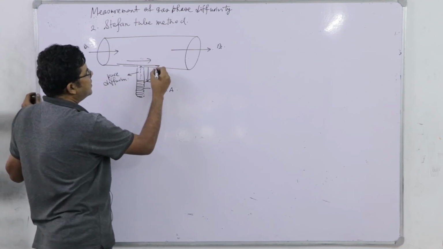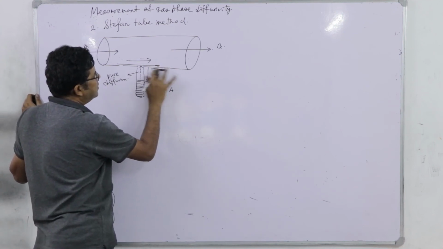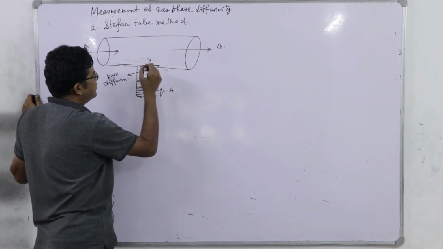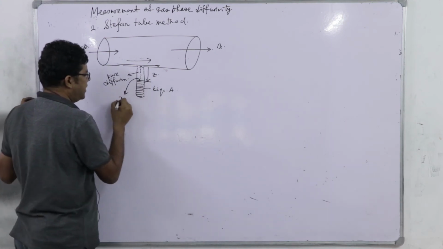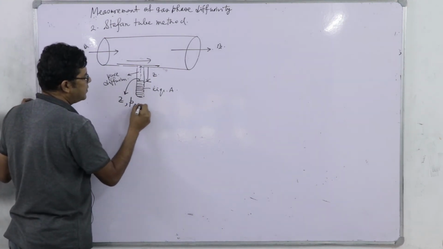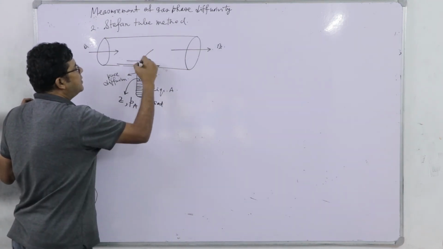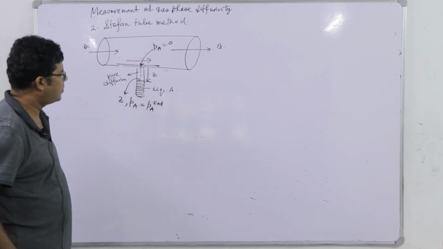So, at the surface at Z, the partial pressure of A is equal to the saturation pressure, and at the top PA is equal to 0, correct.